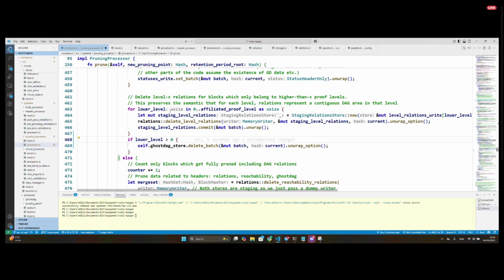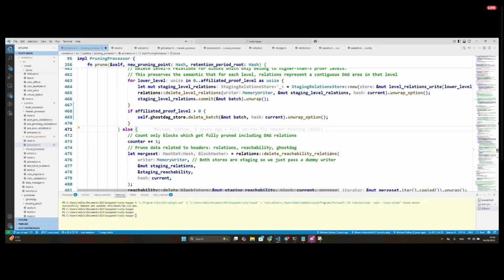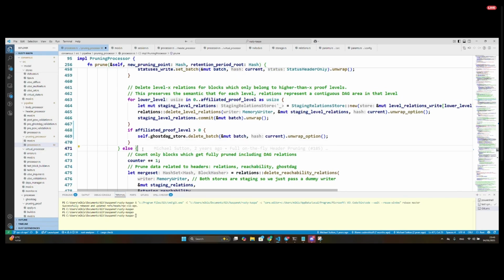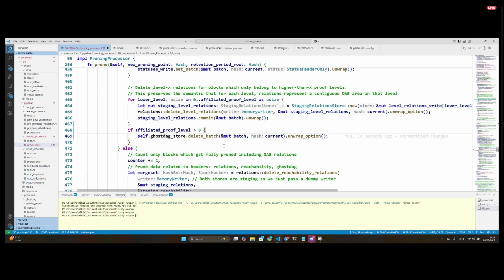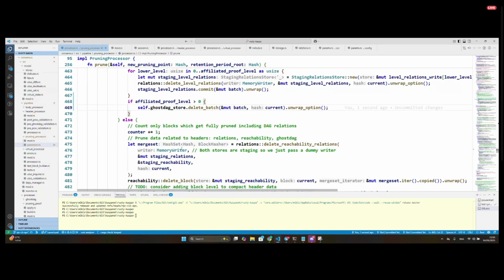It's just saying that if the affiliated proof level is 0, the branch is never entered, so there's no deletion. Yeah, that's equivalent to what we had before. Anyway, else is the case where we do delete relations.